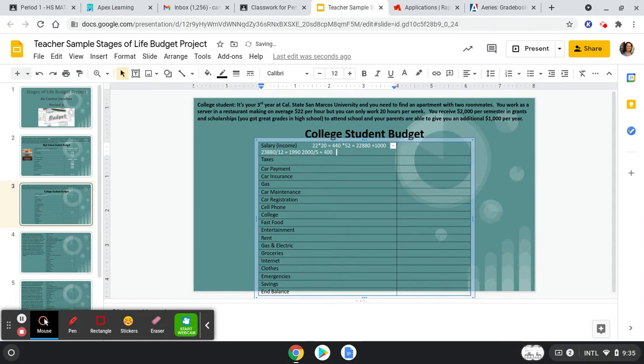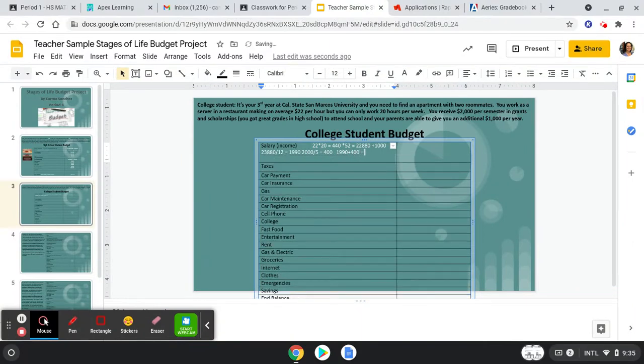So if I take the $19.90 plus the $400, this is going to give us our monthly income. I'm getting $23.90. So that you guys can see where I'm getting this income figure from over here, that's where I got it. And that's your monthly number to work with.